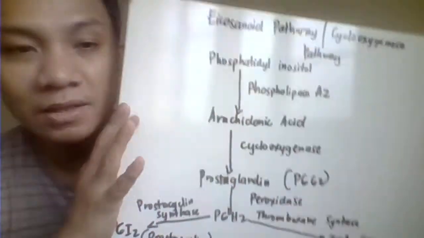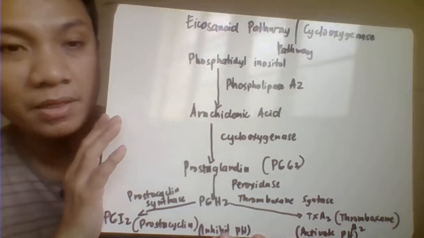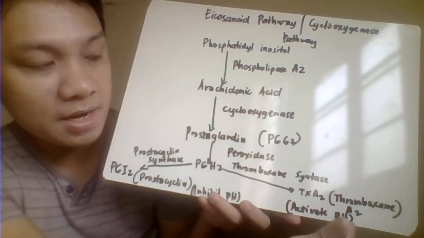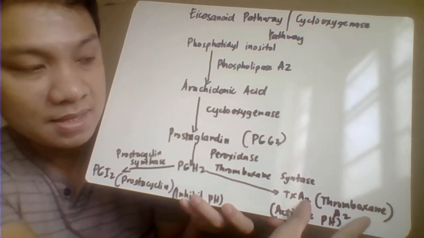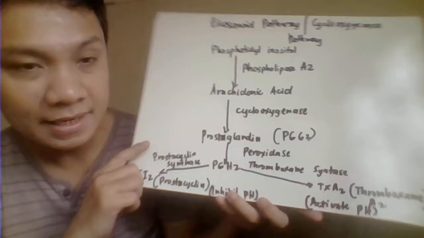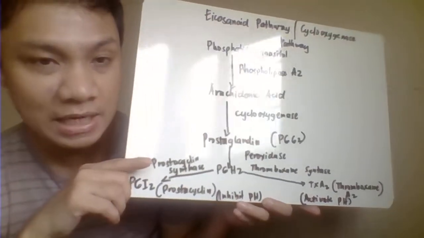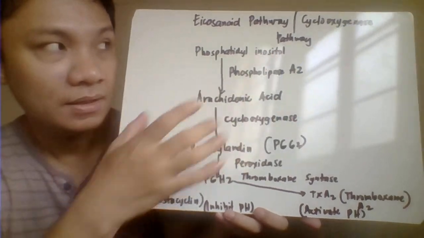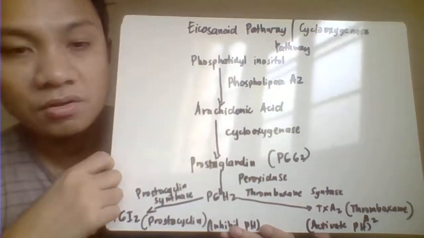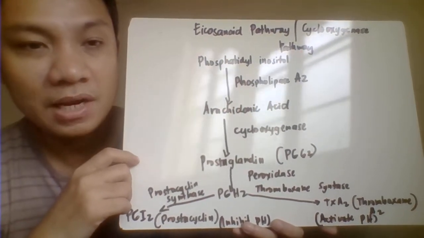So talking about that one, ito ang ating icosanoid pathway. Icosanoid pathway, there are two pathways. One here para mag-produce ng thromboxane, and the other one here mag-produce ng ating prostacyclin. Kanina na-mention ang prostacyclin which inhibits your platelet activation. The other name for the icosanoid pathway is the cyclooxygenase pathway.